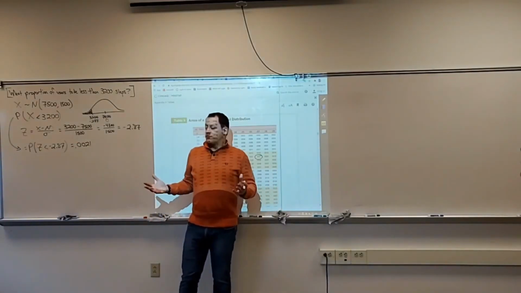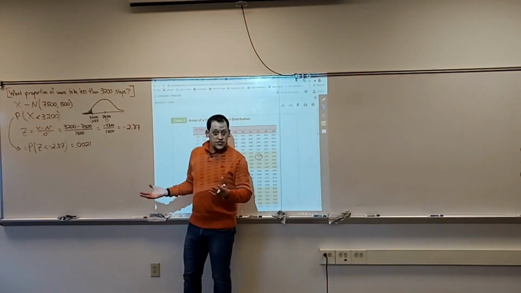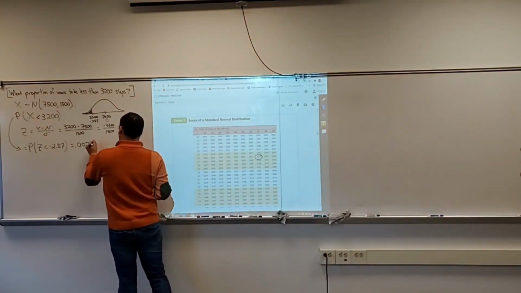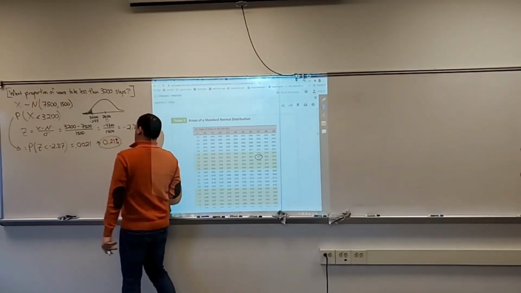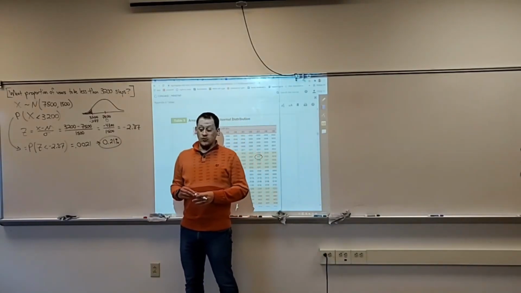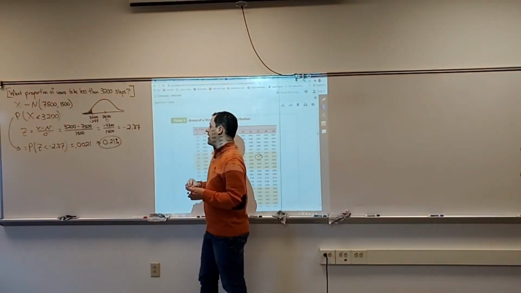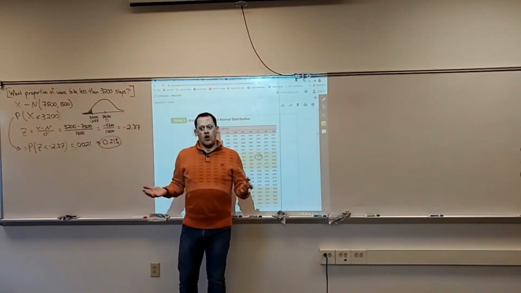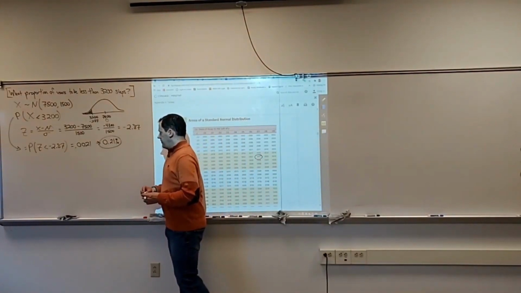So what proportion of people take less than 3,200 steps? About 0.21%. About 1 in every 500 people take that few steps per day, at least in October 2018, that wear some kind of Garmin device. Okay?